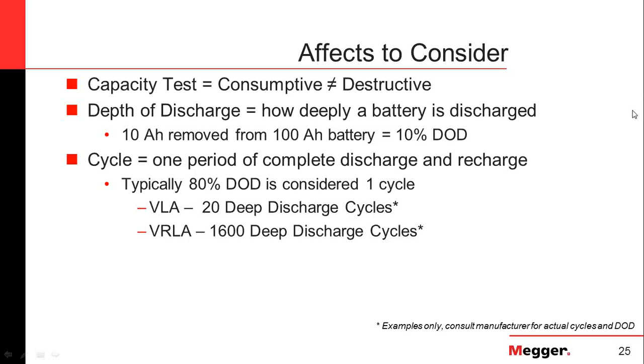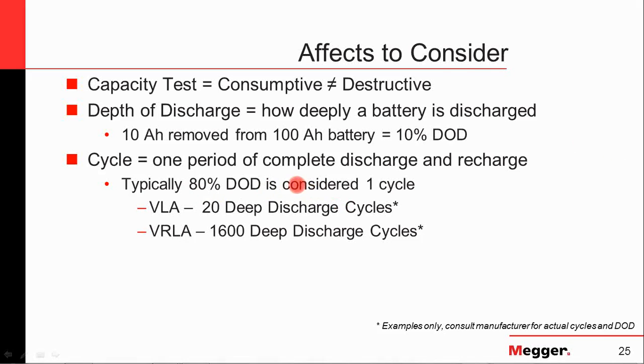Now, this is important because battery manufacturers will say that their batteries are designed for so many cycles, and a cycle is defined as one complete period of discharge and recharge. Now, the other interesting thing is that not necessarily 100% discharge is considered a cycle. You have to look at the battery manufacturer.